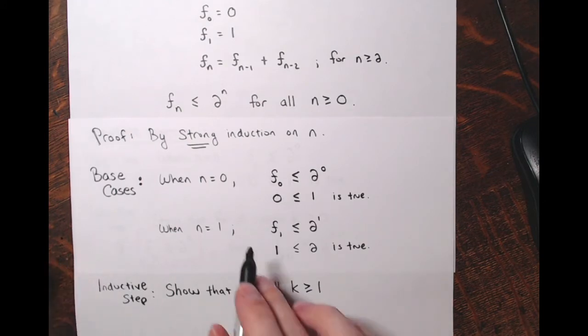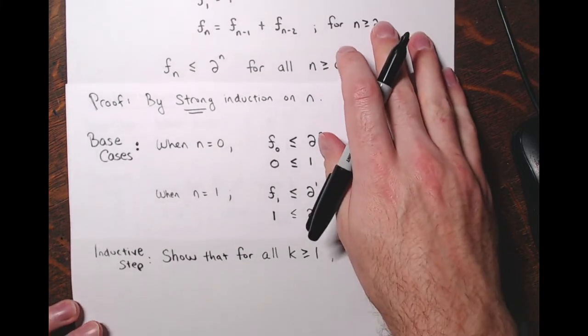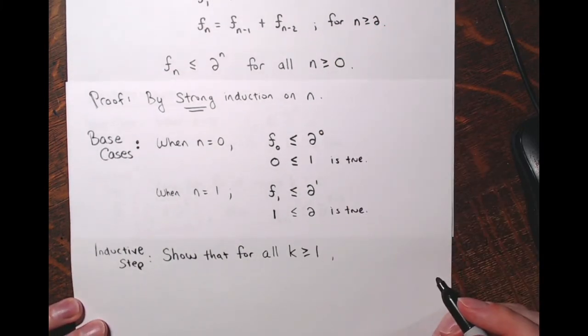Because last time it was 0 because I stopped at 0. Here I'm stopping at 1. So for all k greater than or equal to 1, the following.